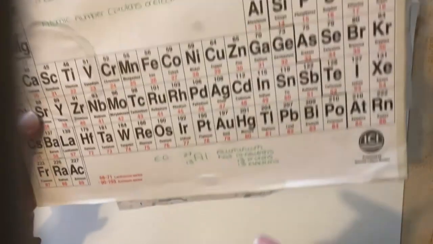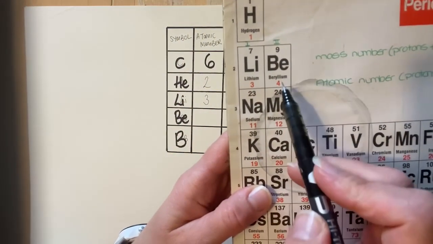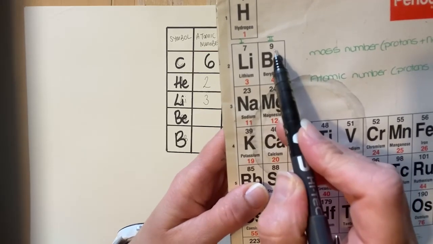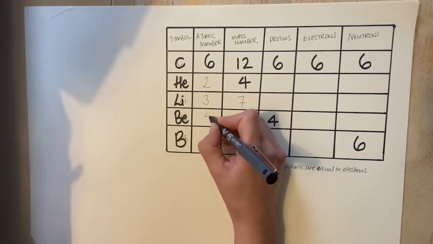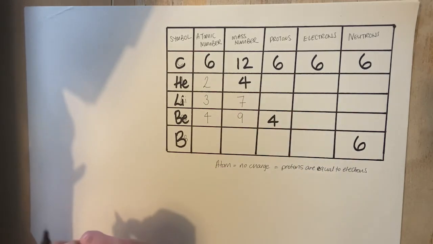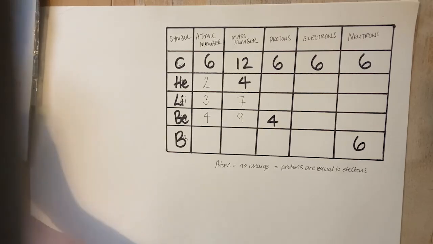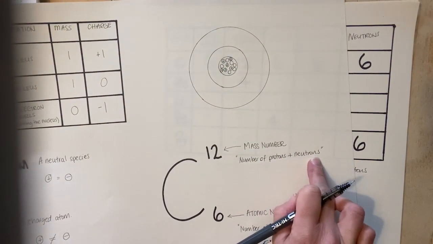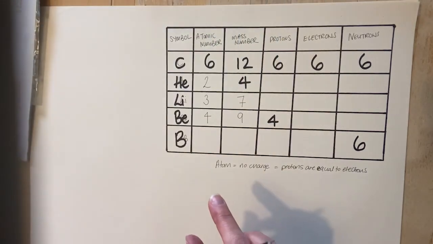Okay, beryllium, right next to lithium, has a big number of 9 and a little number of 4. The larger number is our mass number, and our smaller number is our atomic number. Again, because the mass number is incorporating 2 lots of subatomic particles, protons and neutrons, it's going to be a bigger number.